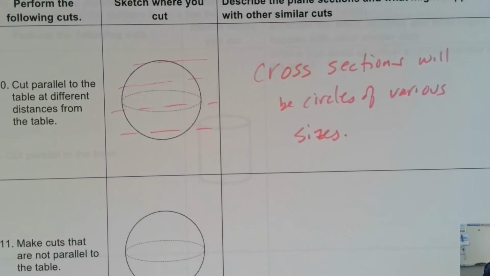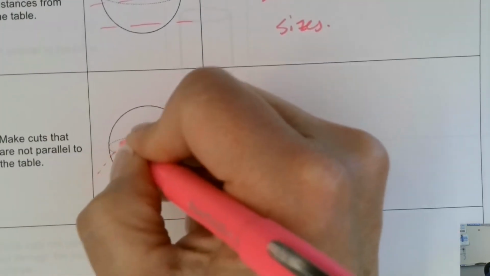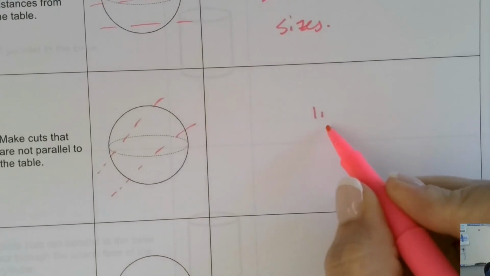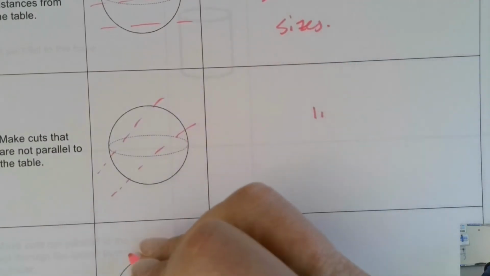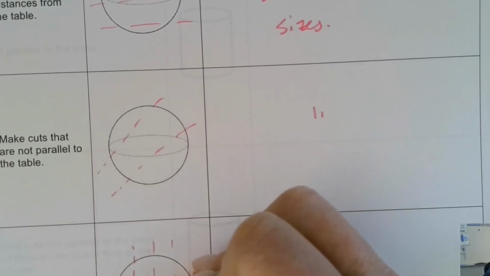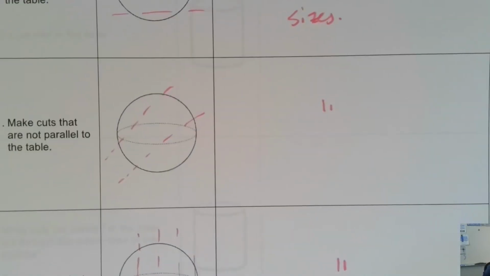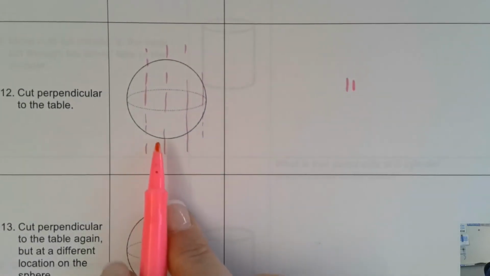Okay, if you make cuts that are not parallel to the table, aren't we going to have the same thing? I'm going to put these little quotation marks saying same thing as up here. Perpendicular to the table, aren't we going to have the same thing? Okay, cut perpendicular to the table again, but a different location. So we just already covered that with this.